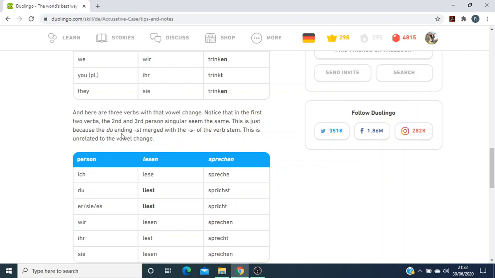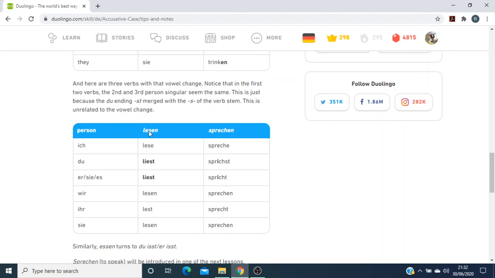This is just because the du ending st is merged with the s of the verb stem. This is unrelated to the vowel change. Because there's already an s at the end of what would be the stem of the verb, you wouldn't add an extra s in the second person. So lesen is to read. Ich lese, du liest, sie/es liest, wir lesen, ihr lest, sie lesen.